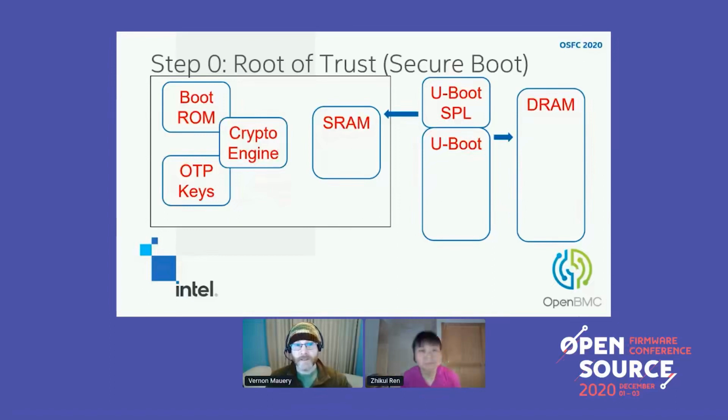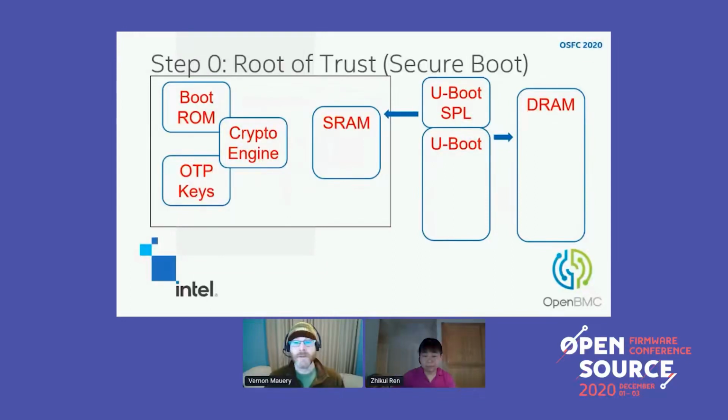It basically needs to initialize the DDR in order to load a larger image, and do some very basic hardware initialization in order to be able to execute its code and load this other code and authenticate it.